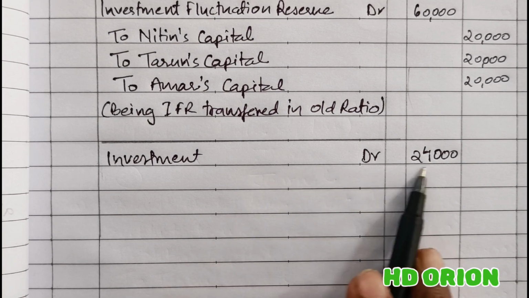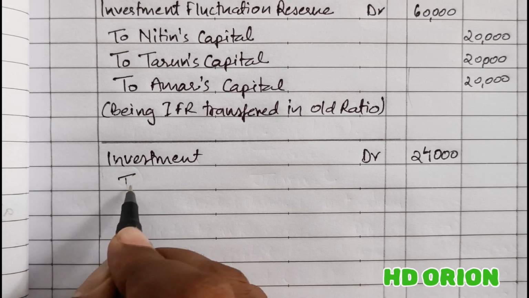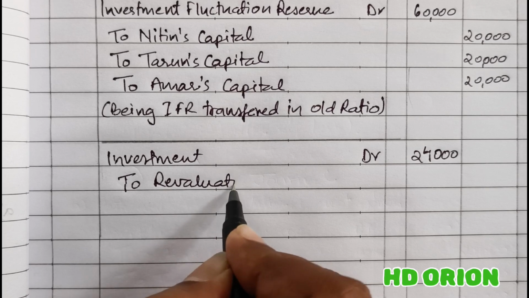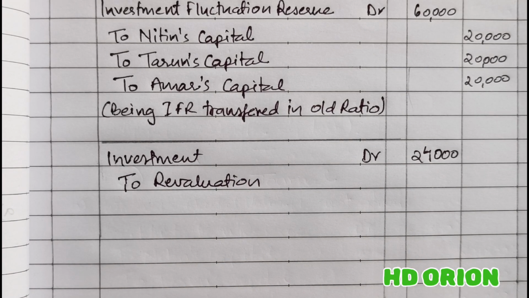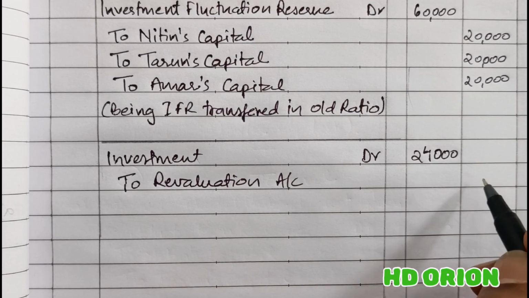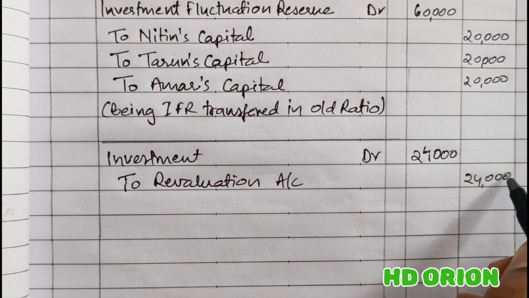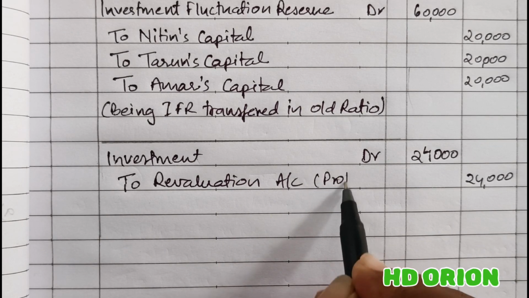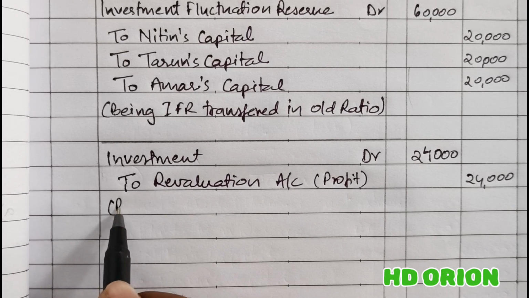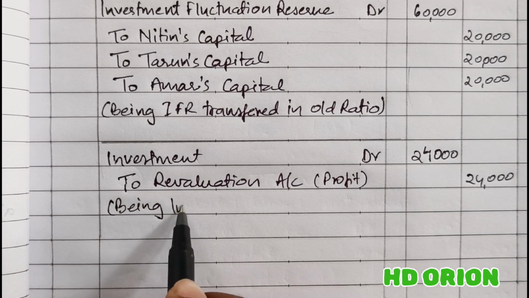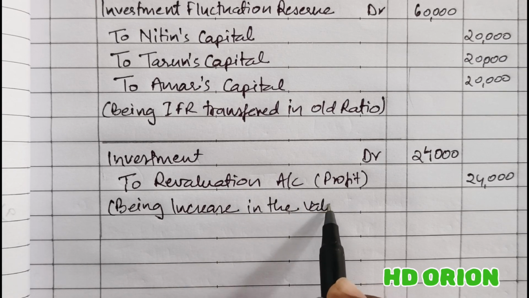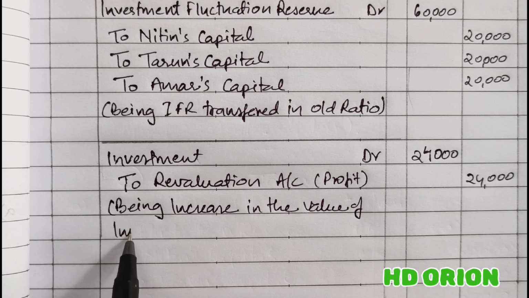All the increase and decrease in the assets are recorded in revaluation account, and therefore it is first recorded in revaluation account, and in the next entry we will transfer this profit. It's a profit. This profit to partners capital account being increase in value of investment.